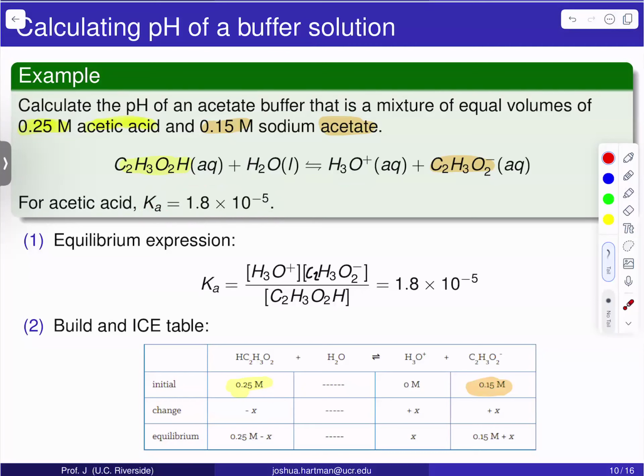So we can use what we talked about in our previous unit or discussion of chemical equilibria to write out an explicit expression for that equilibrium constant using products over those reactants. Now, we can write out then an ICE table.